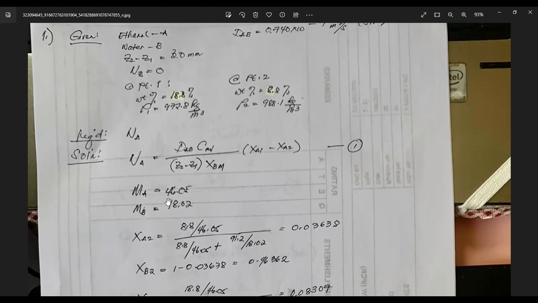So 46.05 and 18.02 are the molecular weights of ethanol and water, A and B. And using these molecular weights, we get to find the mole fraction of ethanol in points 1 and 2.